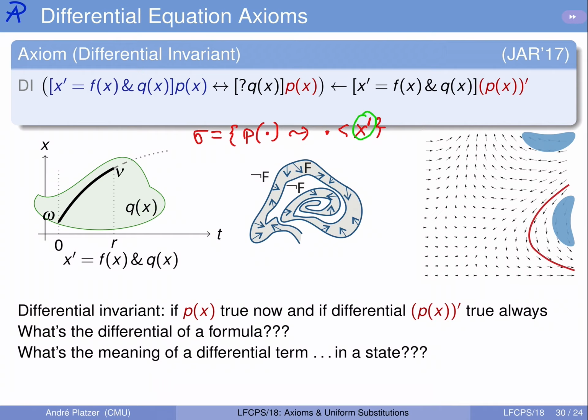Is that a deficiency of how general our axiom is, or is it important for the soundness that we can't just sneak in x prime in the middle of the uniform substitution here? It turns out that's actually very important for soundness, that we aren't allowed to do that. The reason is, here the value of x prime is guaranteed to be f of x, because we're after a differential equation x prime equals f of x. But over here, what's the value of x prime? Well, I just said a moment ago, we're not after a differential equation x prime equals anything, and we're not changing x prime.